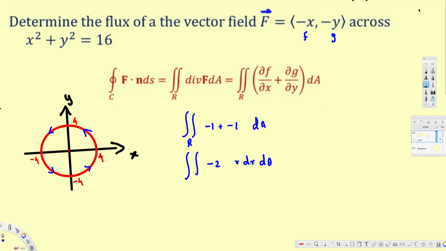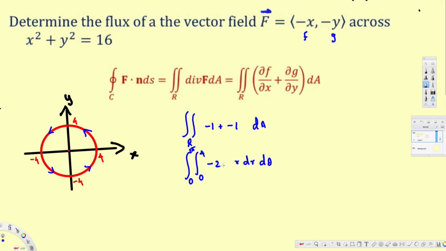First we are going to integrate with respect to r. The limits of integration for r is going to be the radius, 0 to 4, because radius cannot be negative. And this is a full circle, so the limits of integration for theta are 0 to 2 pi.